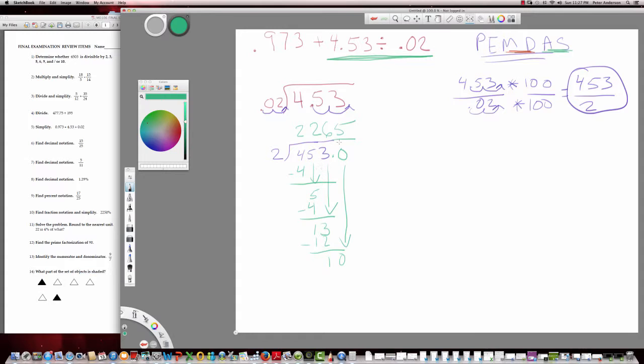Okay? It may seem kind of strange that when you do 4.53 divided by 0.02, you end up getting this huge number. But, by the way, this is .5 because there's a decimal here. There has to be a decimal here. That may seem strange, but if we look at 453 divided by 2, it makes sense that this roughly gets me 200 and something, right? 400 divided by 2 would be 200, so 453 divided by 2 is going to give me something close.